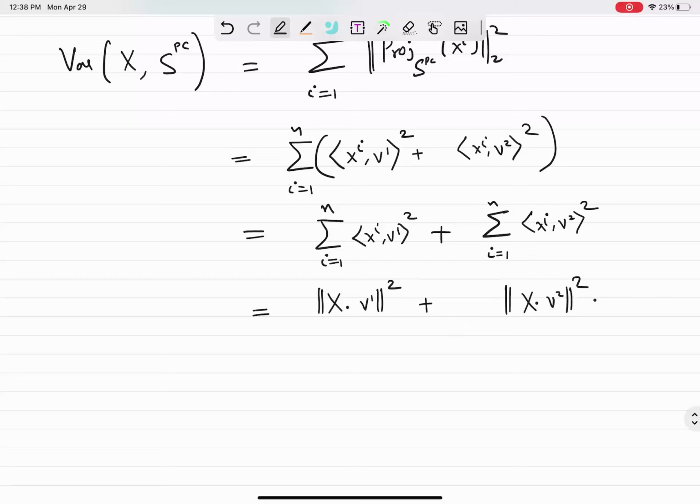Okay, so this is the length of x times v1 squared plus the length of x times v2 squared. It's just more compact notation for the same expression.